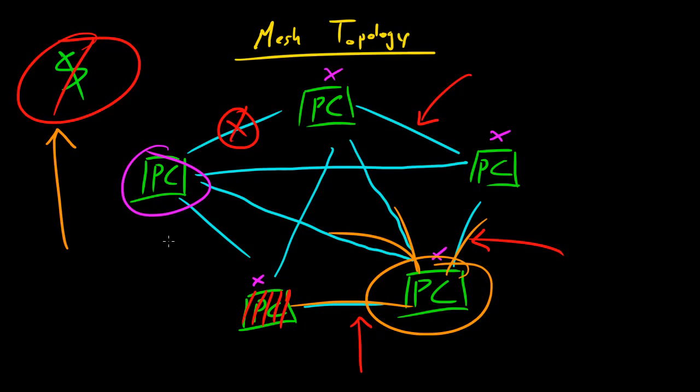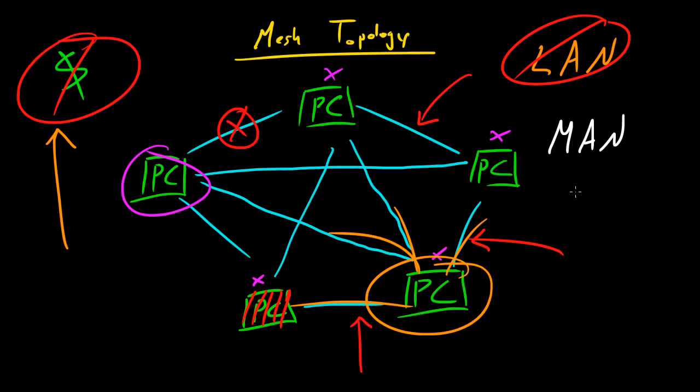So overall, I would say that typically in your home network, this usually isn't in LANs at all because it's very complicated. You're going to often see this in either MAN or WAN because this is really good for big fiber optic networks because they can all communicate to each other.